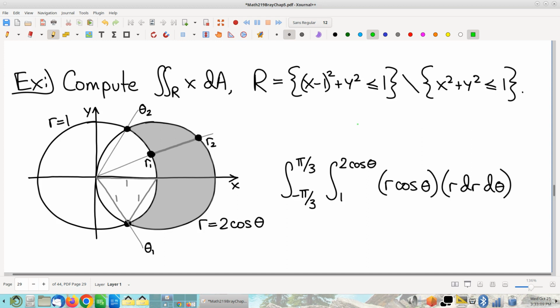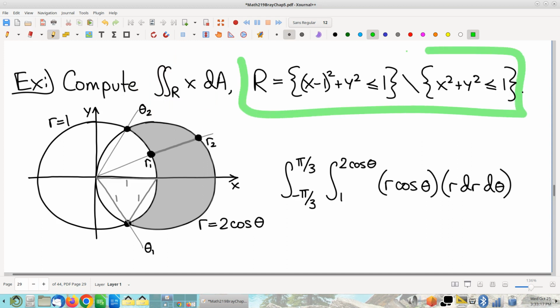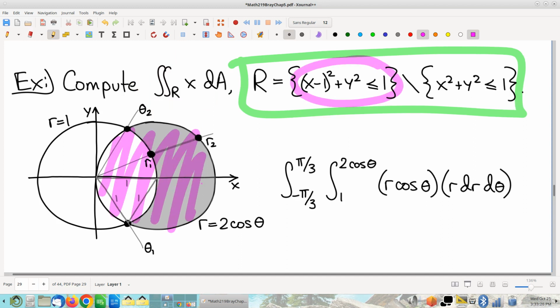So here we go. We're computing an integral. We have a region given. The region is this weird thing right here. We're going to look for this disk, and then we're going to subtract off, that's what this backslash means, all of these points in this disk.